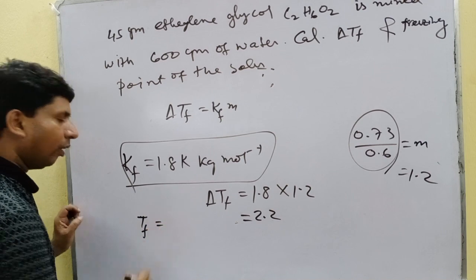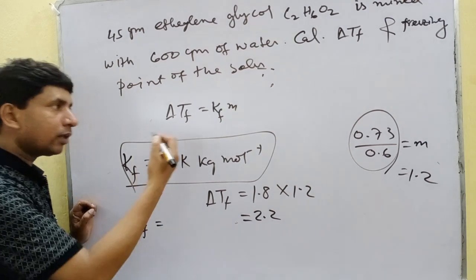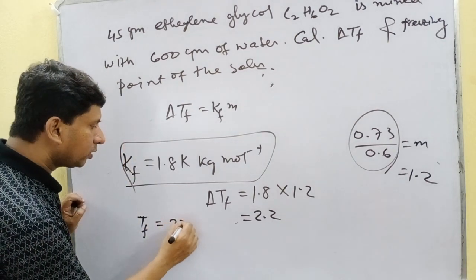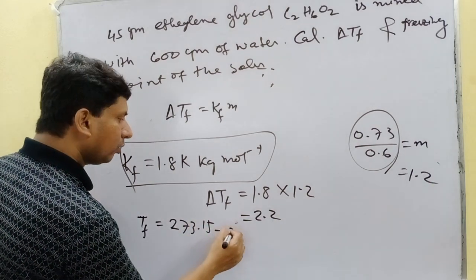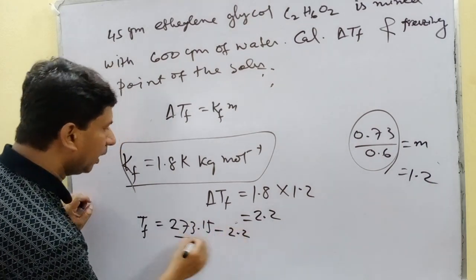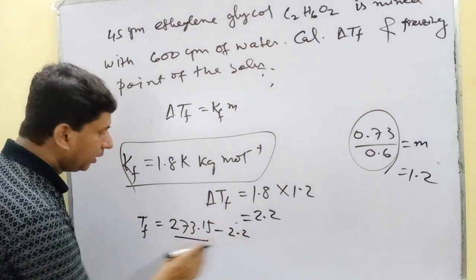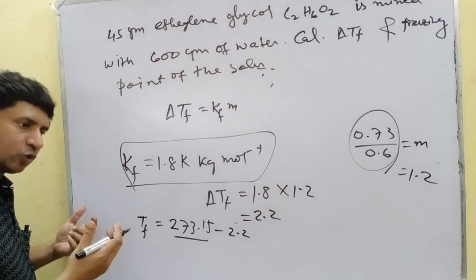So delta Tf is negative, then the freezing point Tf equals, what was the actual freezing point? 273.15 minus 2.2. Now what will be the freezing point of the solution?